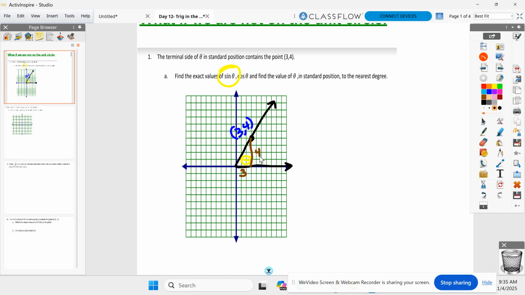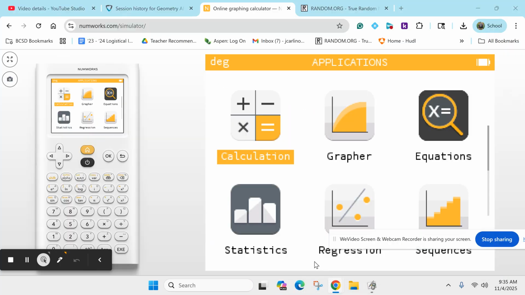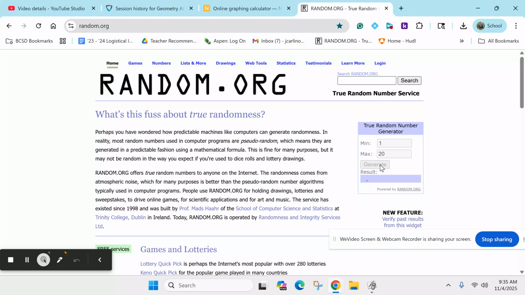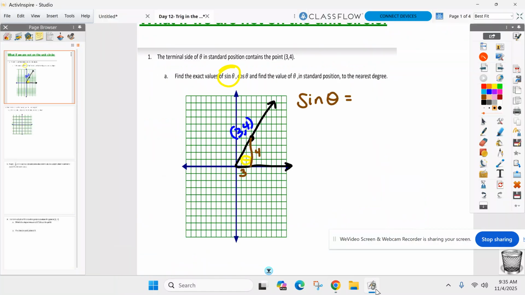If I want to find what sine theta is, use SOHCAHTOA. What's sine equal to, Kaylee? Yeah, absolutely. It's the opposite side over the hypotenuse. What side is opposite my angle?